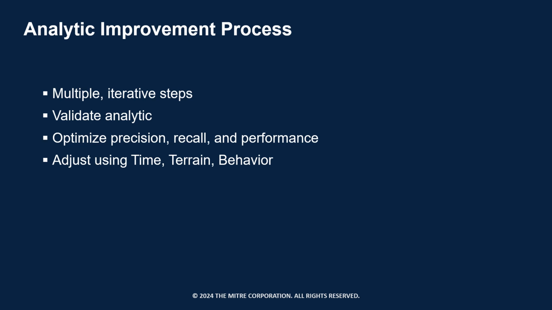So we expand the time, terrain, and behavior windows to get closer to the scale that's useful for use in our daily operations. It's possible that rather than expanding the time, terrain, or behavior, we instead shrink it if we are struggling to analyze the data set we're currently getting back from the analytic. So this can ebb and flow as we refine this analytic.